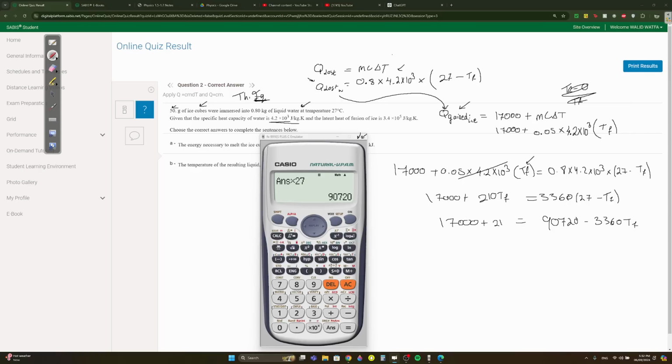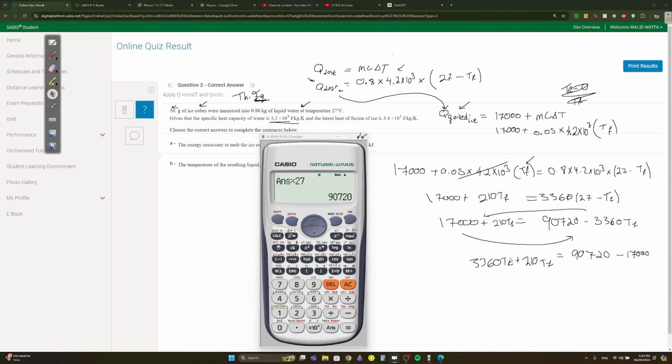equals 17000 plus 210 TF. What can we do? We can take this 17,000 here and this here. You're gonna get 3360 TF plus 210 TF equals 90720 minus 17000.